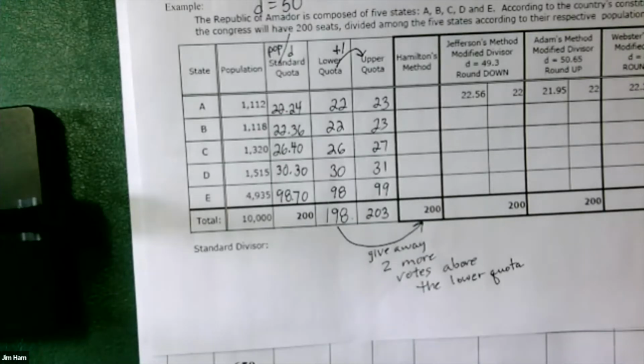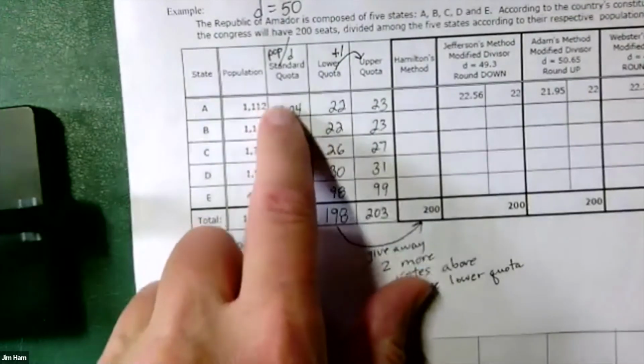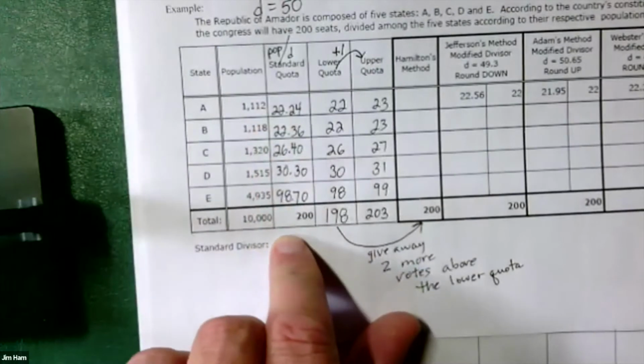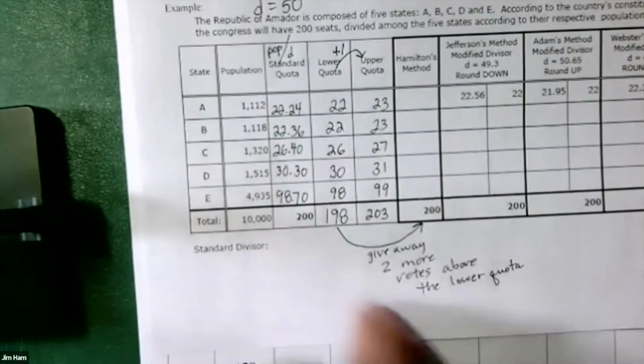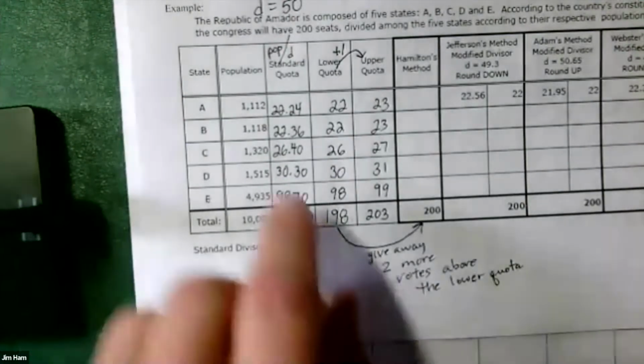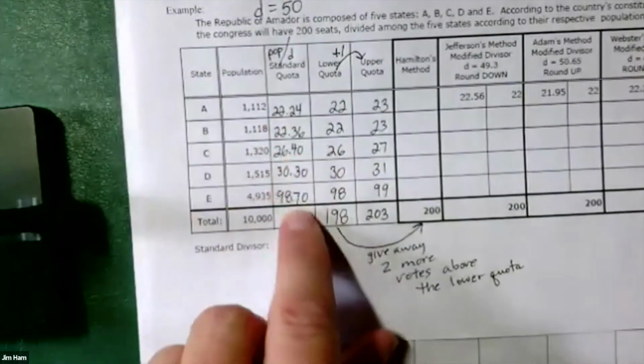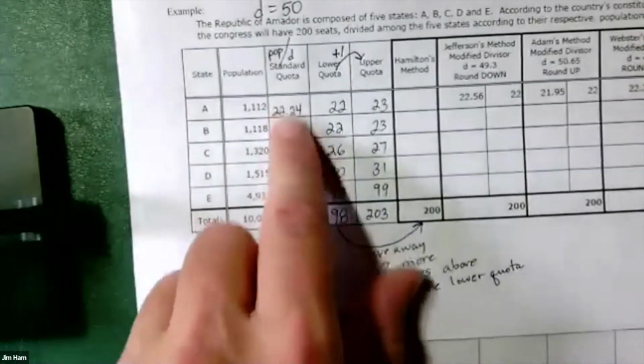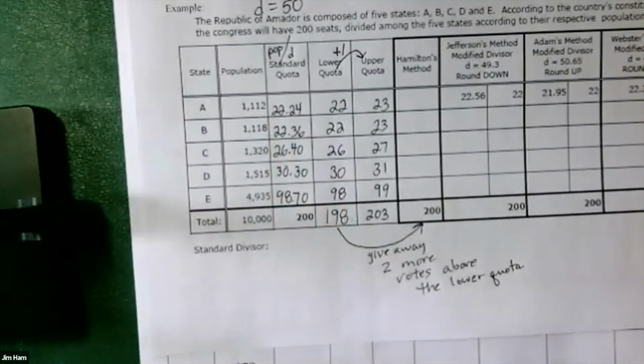So you go look at the decimal part of each number in the standard quota and identify the 2 largest decimal fractions, since we're giving away 2 votes. Which 2 states have the highest decimal to the right of the decimal point?